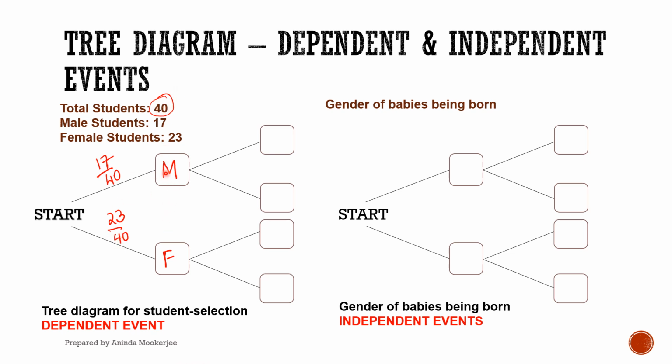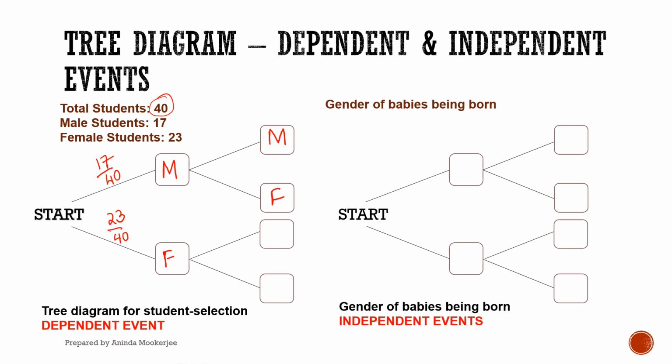Now, after we complete the first draw, our total pool of students changes, and so does the number of male or female students, depending on what was drawn in the previous trial. All right, so after a male student was drawn in the first trial, again we have an equal possibility of picking a male or a female.